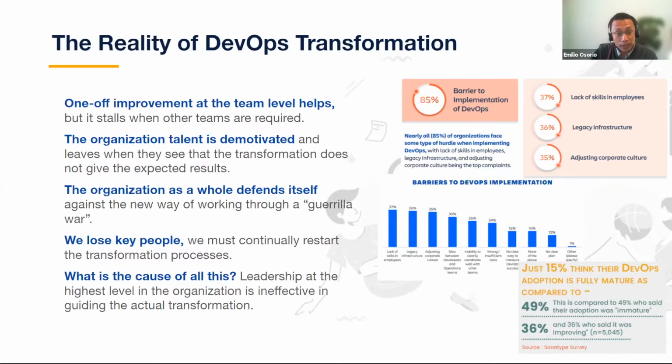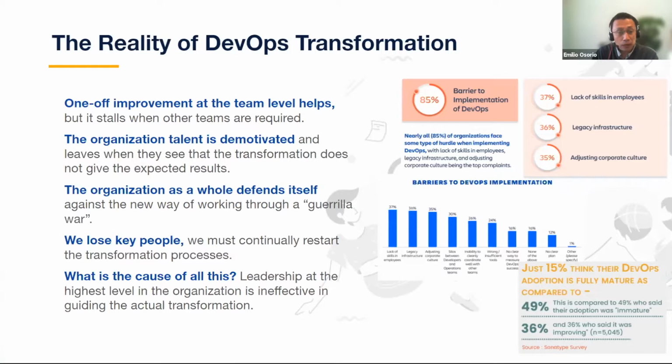And then there are the talent problems. Probably the most sought after talent right now is DevOps engineers, or developers who are already trained and have practice in DevOps. There's a huge lack of talent right now.